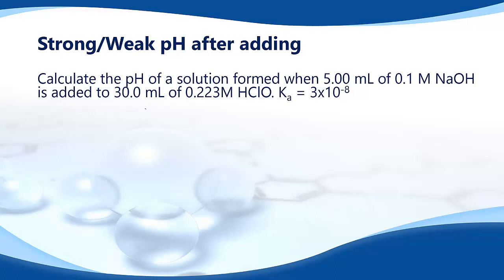So if we take our equation, HClO plus sodium hydroxide, OH-, that'll give us ClO- plus H2O. Do our ice table.